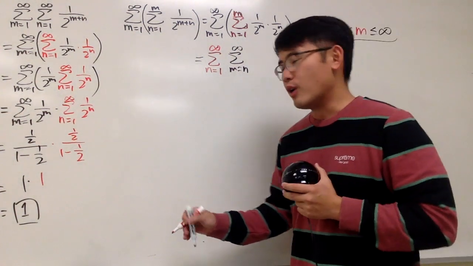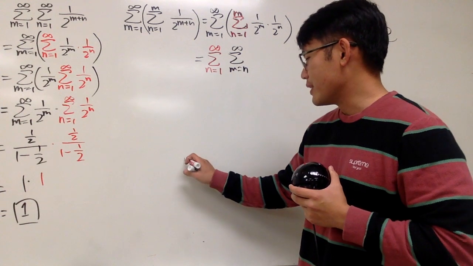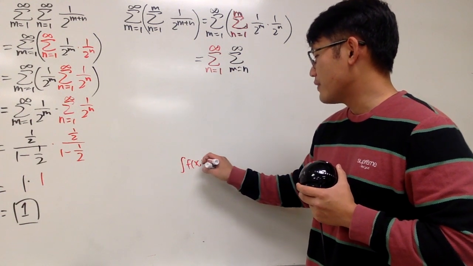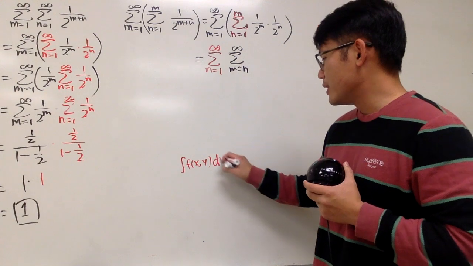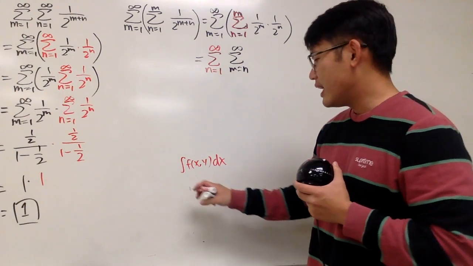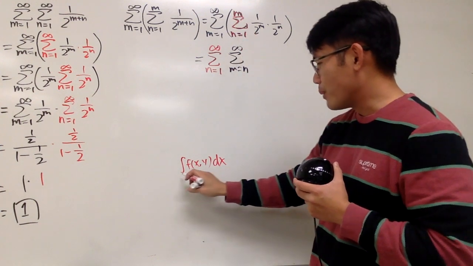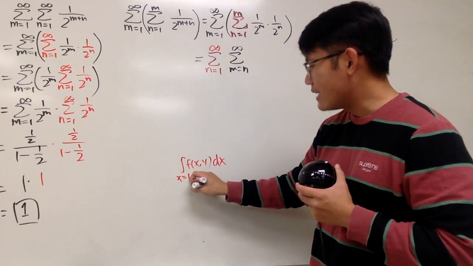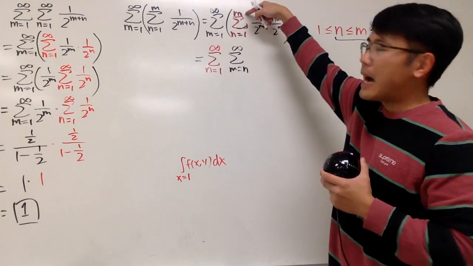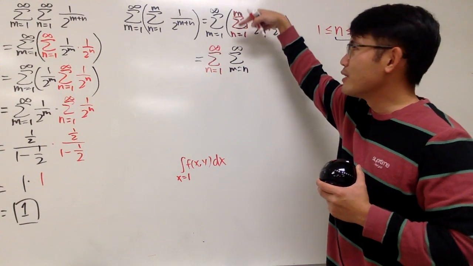So here we go. Suppose we are integrating, and let's say we have a function f of x, y like this. Let's do it with respect to x first, so I'm using the inside first. I want to stop at m earlier, right? n goes from 1 to m.